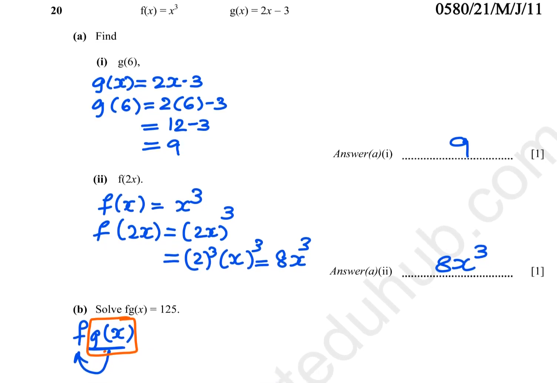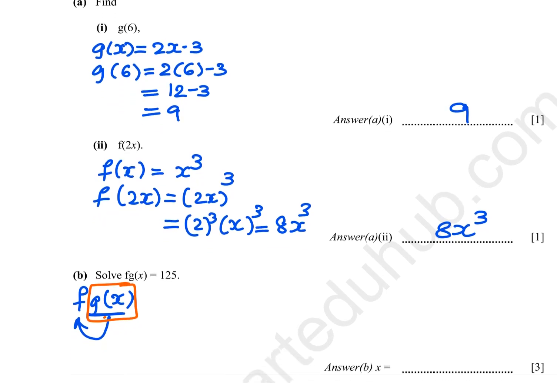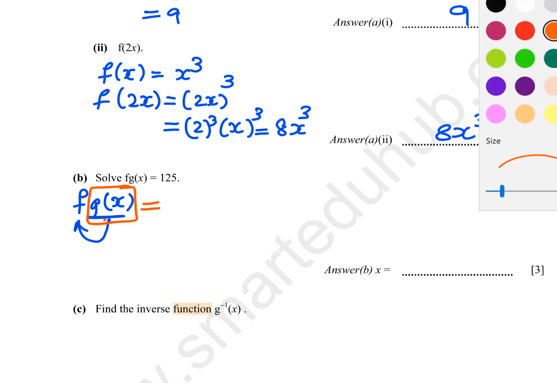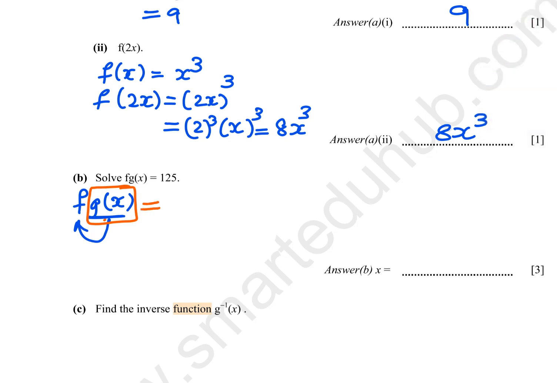So take 2x - 3 and plug it into f(x) in the place of x. So first I'm going to write my outer function which is f(x), which is equal to x cube. So that means when I'm solving this, I'm going to follow these steps. I know my f(x) is x cube, right? Now if I want to find f of g of x, what have I told you?